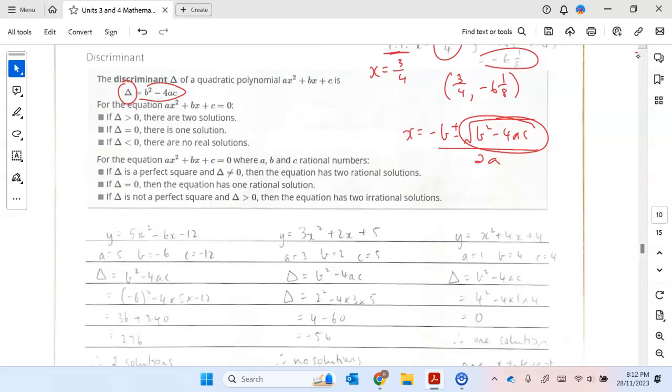There is a branch of mathematics called imaginary numbers or complex numbers, but we're only working with real solutions. So we're taking the square root of a number. Let's call that number the discriminant.